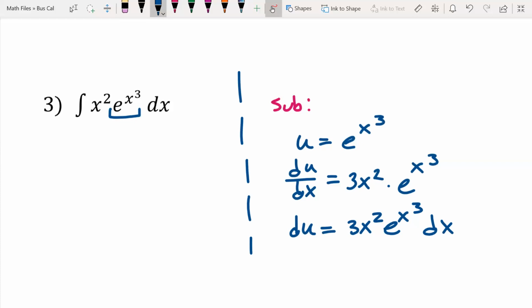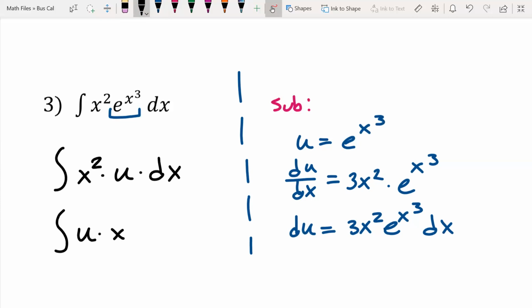And now back to the integral. Here's what we have. The integral of x squared times u dx. Okay, so I'm going to rewrite this as the integral of u times x squared dx. So we have to get rid of these two terms by using a substitution. Okay. So we need an x squared and a dx in there. So if you look at our substitution on the right, I have an x squared and I have a dx.